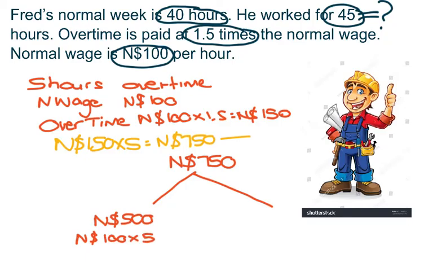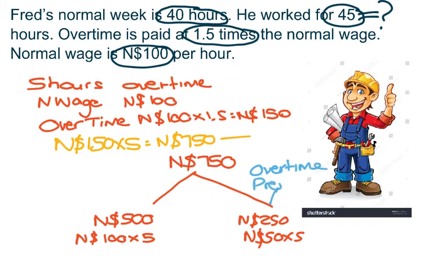And the premium will then be $50 per hour times 5, which is then $250. So this $250 now relates to an overtime premium. I will just write it down there, overtime premium, while this amount over there relates to my normal wages.